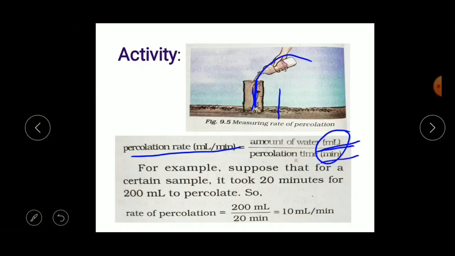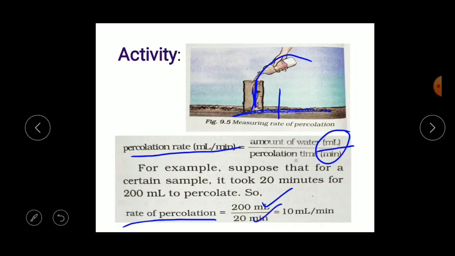For example, suppose that for a certain sample of soil it took 20 minutes for 200 ml to percolate. The rate of percolation is 200 ml, the amount of water we have taken, divided by 20 minutes.